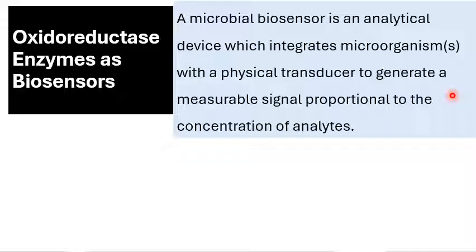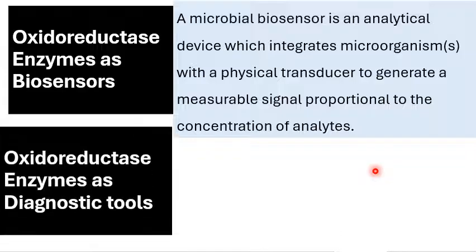A sensor can be obtained in any form using some other form of inducers, such as electromagnetic waves and so on. But in this case, the sensor is biologically derived. So oxidoreductase is a very good enzyme for this purpose.